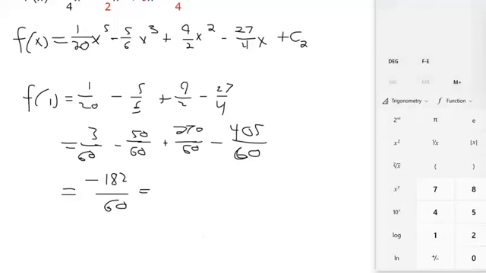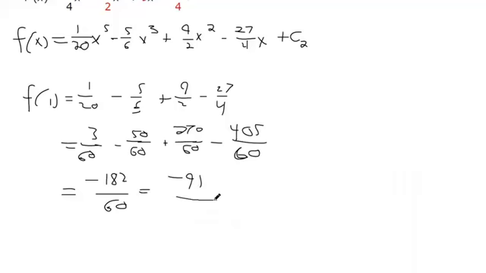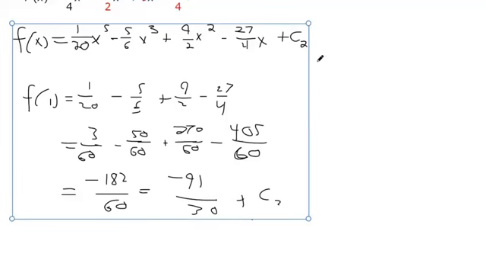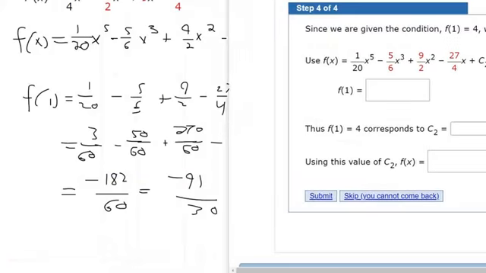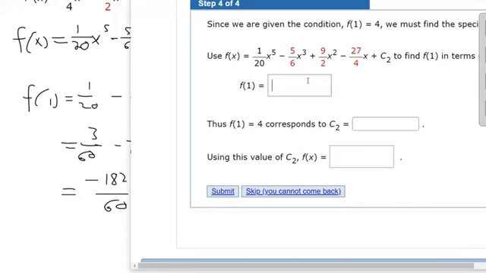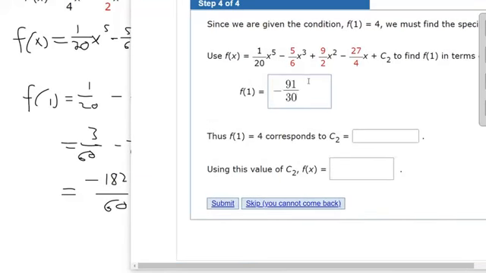And now I'll reduce that. I got negative 91 over 30. Okay, but this still has that constant c sub 2 out here, right? We haven't taken care of that. So negative 91 over 30 plus c, and then I'm hitting shift and the minus key to get that subscript.